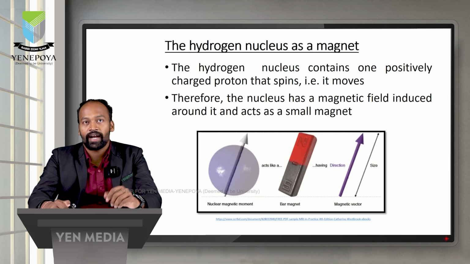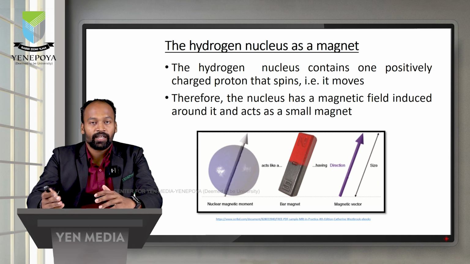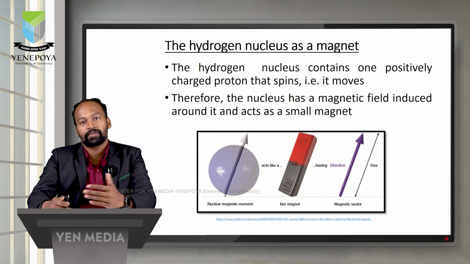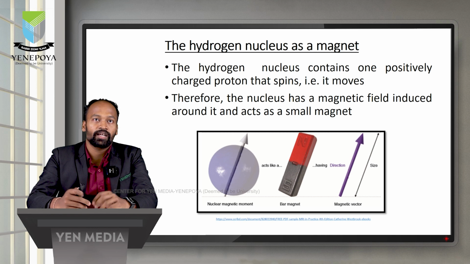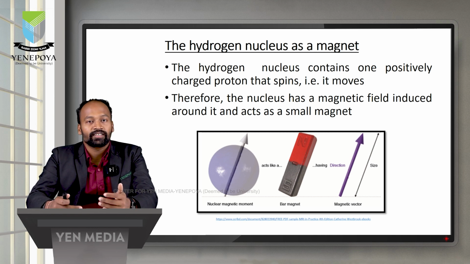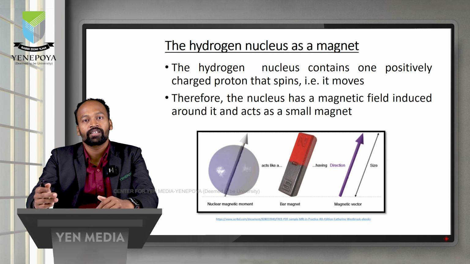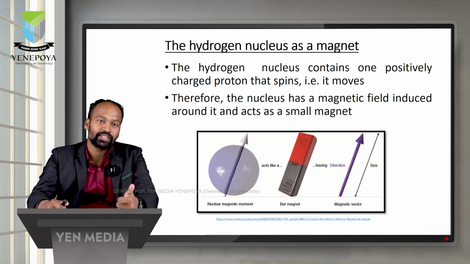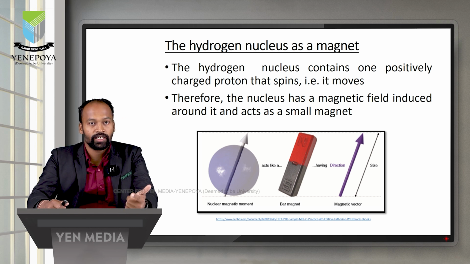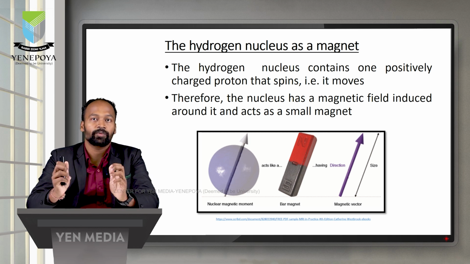Next, the hydrogen nucleus acts as a magnet. In the basic principle or the physics of MRI, basically magnetism, charge and motion, these three components are important. If any two of these three are present, then the third one will be automatically induced. If charge is present and motion is present, then magnetism will be automatically produced.